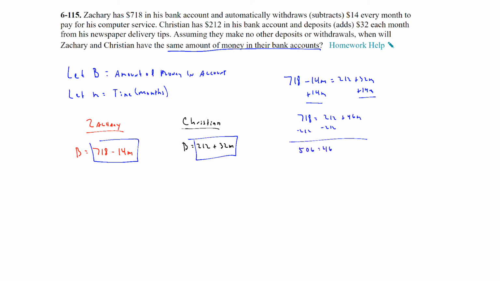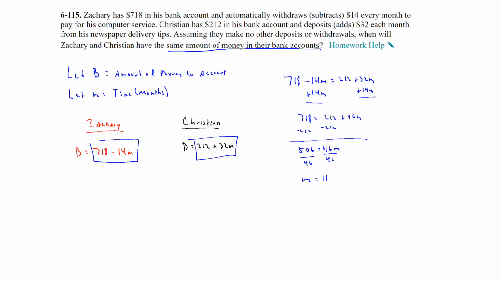And that'll give us 506. And then we should be able to divide by 46 and figure out how many months that will give us, that will make both their accounts equivalent. And that will be 11 months.